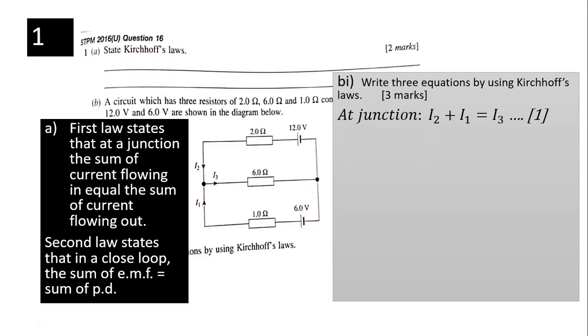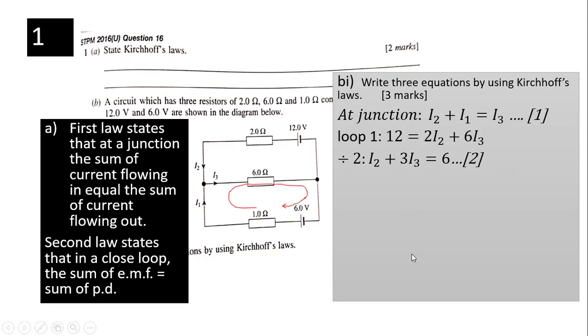Kirchhoff's voltage law. If we take the top loop, this one is 12 equals 2 times I2 plus 6 times I3. Then you can simplify it: divide by 2, 12 divided by 2 is 6, 2 divided by 2 is 1, 6 divided by 2 is 3.